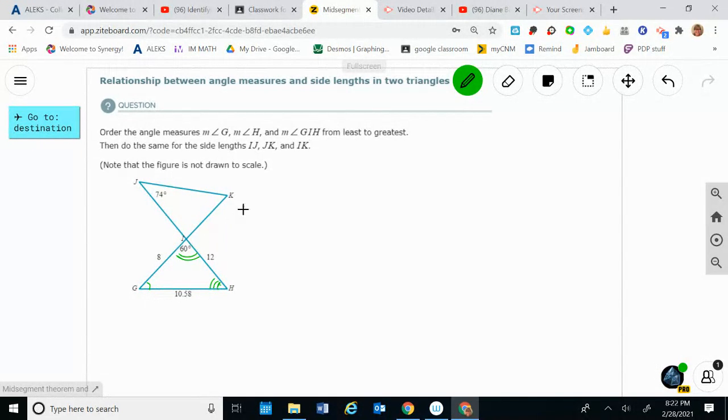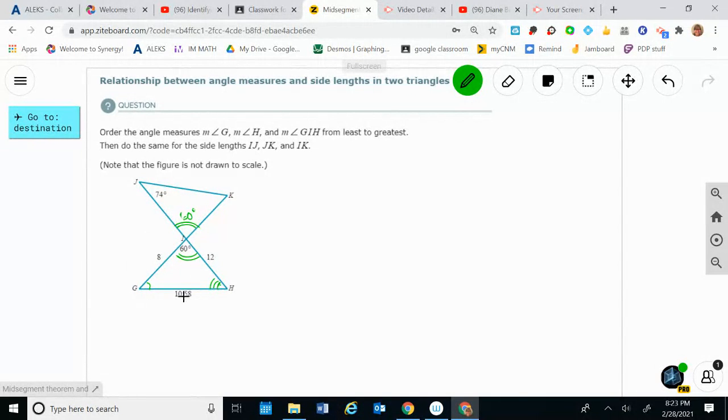Then do the same for the side lengths IJ, JK, and IK. You might wonder what this triangle has to do with that triangle. It's because this is a vertical angle, and now you can figure out all of the angles.